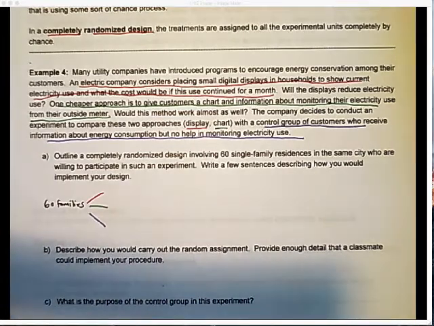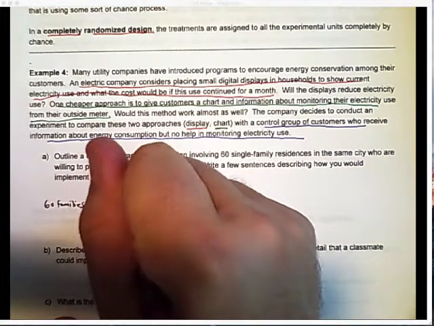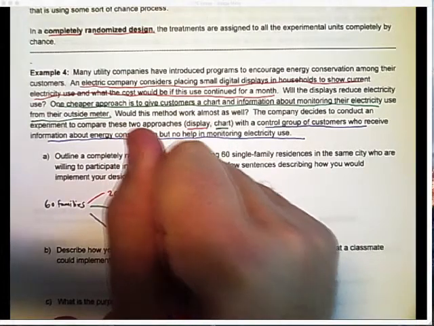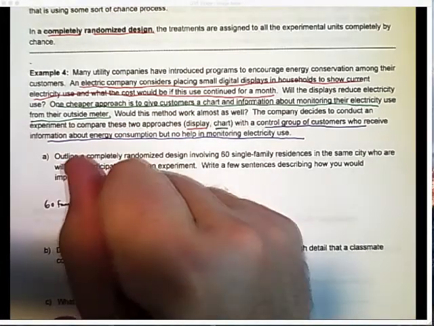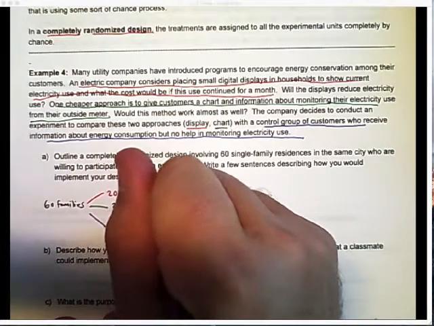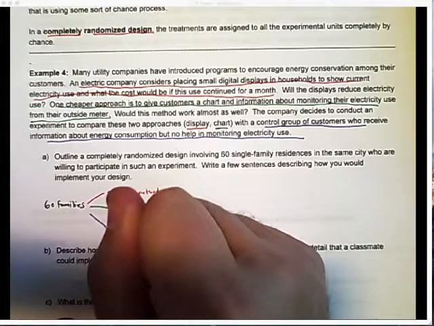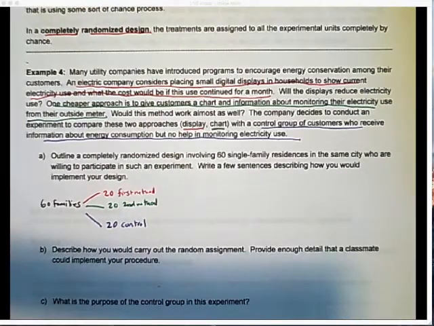So we want 20 to have the first method. We want 20 to get the second method. And we want 20 to be part of our control, or the third method. All right, so they just want me to outline this.